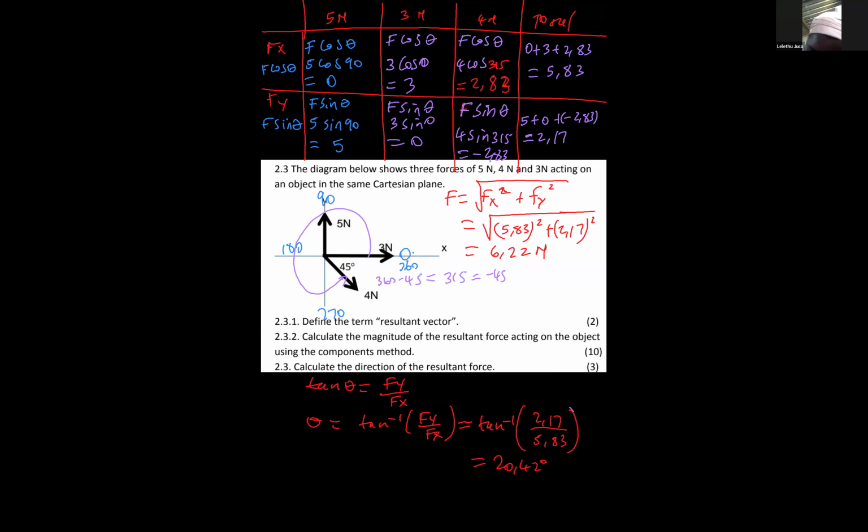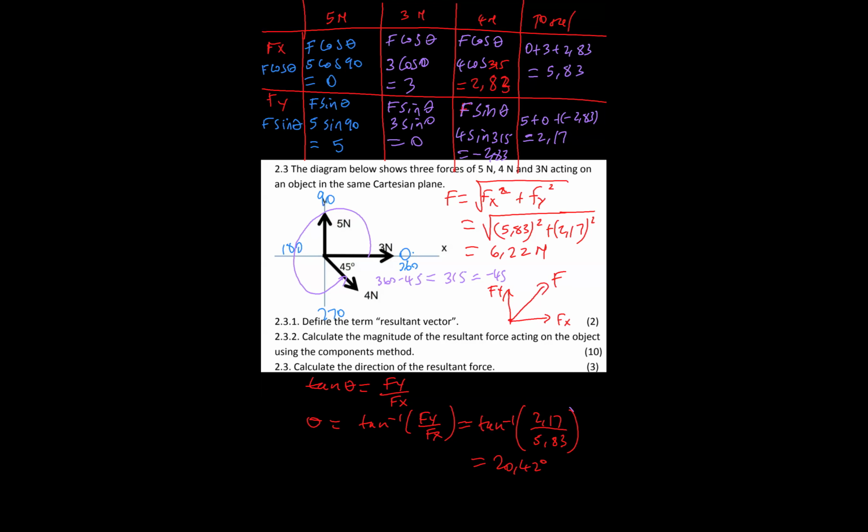But we are not allowed to leave the direction in that format. If you check, both Fy and Fx are positive, meaning they are in the first quadrant.